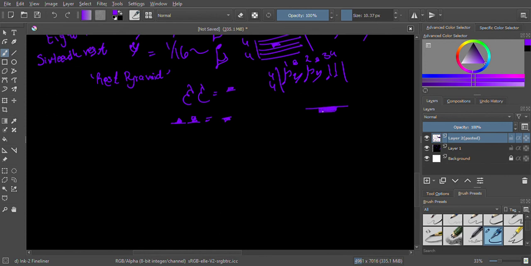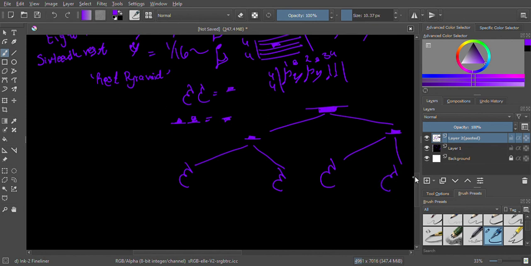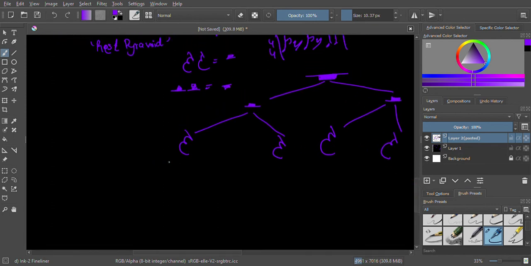Let's fill this in nice and proper. Then that splits into two half rests, which look like this, and then that itself splits into two quarter rests, which later split into two eighth rests, all of them do.